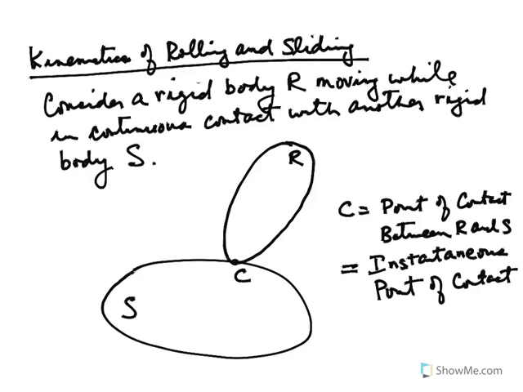Now, the way that we describe this is as follows. So we have C, which is the point of contact. We're going to define two quantities, and we have to be really careful about the notation that we use here.